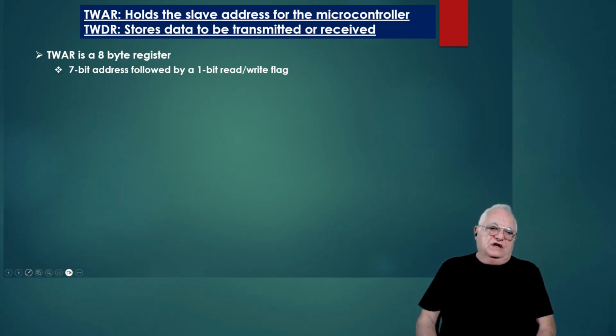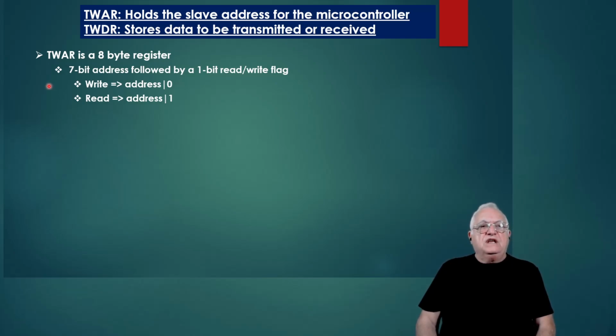If it's a 0, it's for a write command, and if it's a 1, it's a read command. Before I was talking about sending an address plus write command or address plus read command after the start command. Well, this is how you set it up. First 7 bits is the address, followed by 0 for a write command, and 1 for a read command.